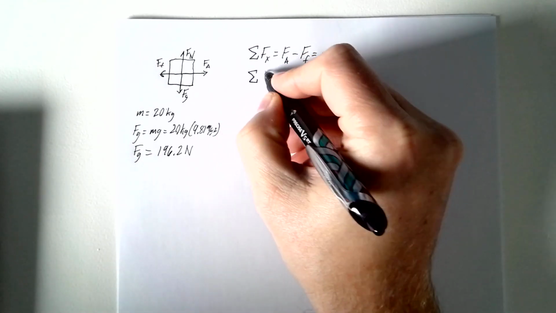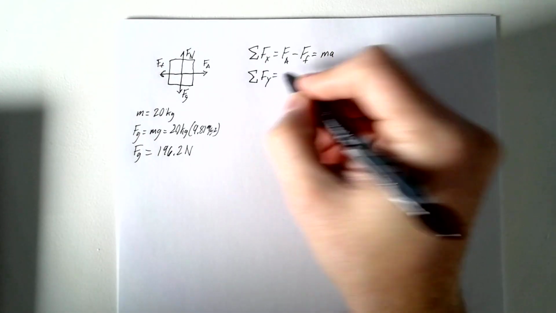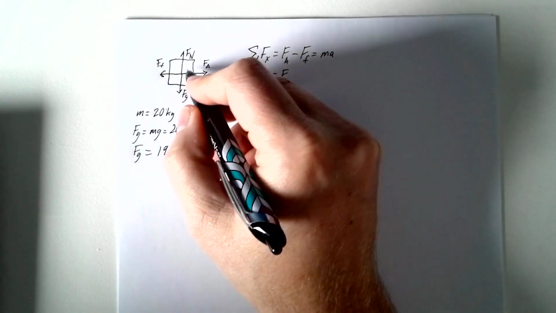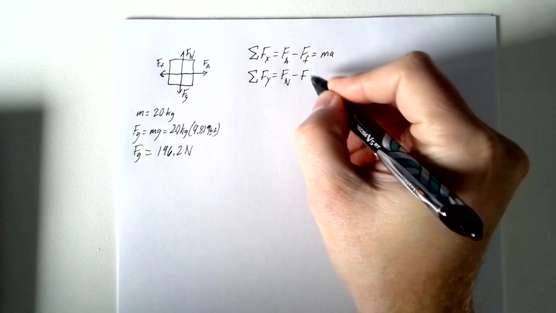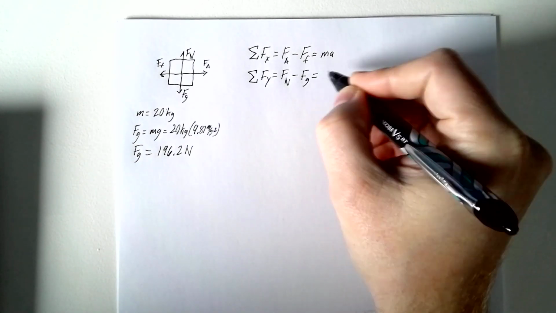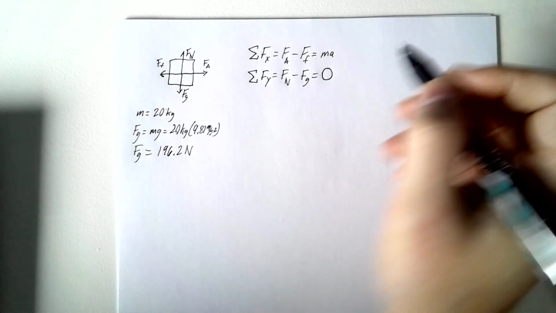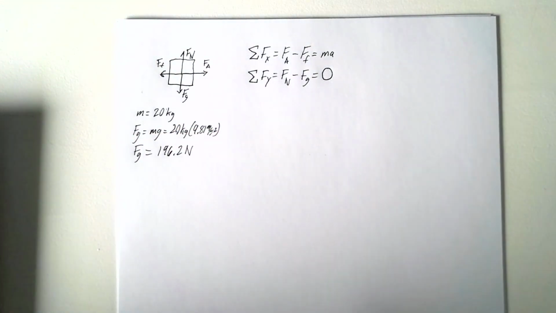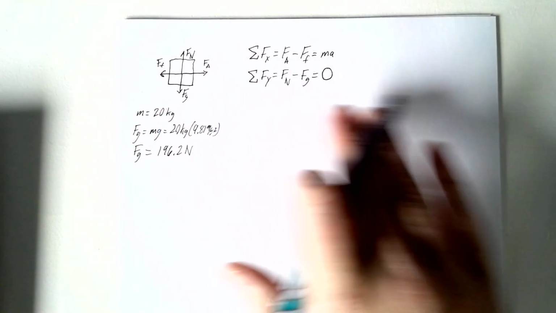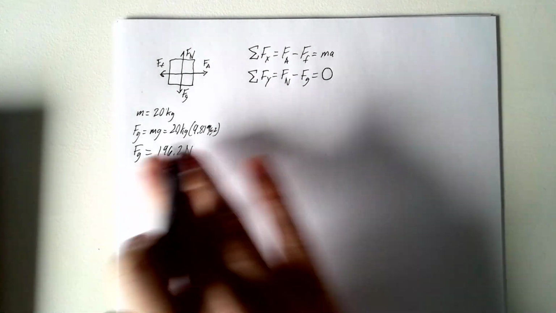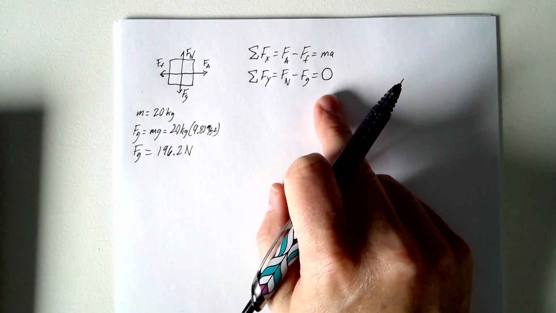Alright, net force in the y. We have Fn acting in the positive direction and Fg acting in the negative. We know that's 0 because we're sitting on the ground. That's given in the problem. So if we're accelerating in the x direction, in the horizontal, we're not accelerating in the y, so that's equal to 0.